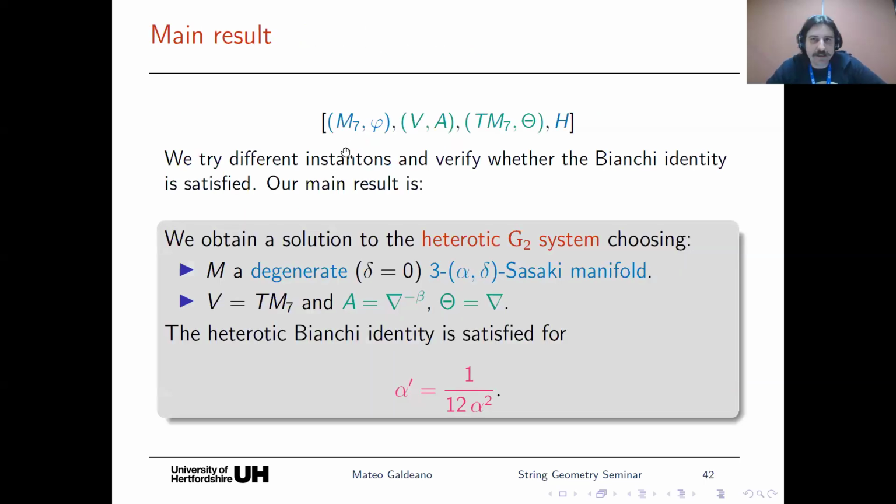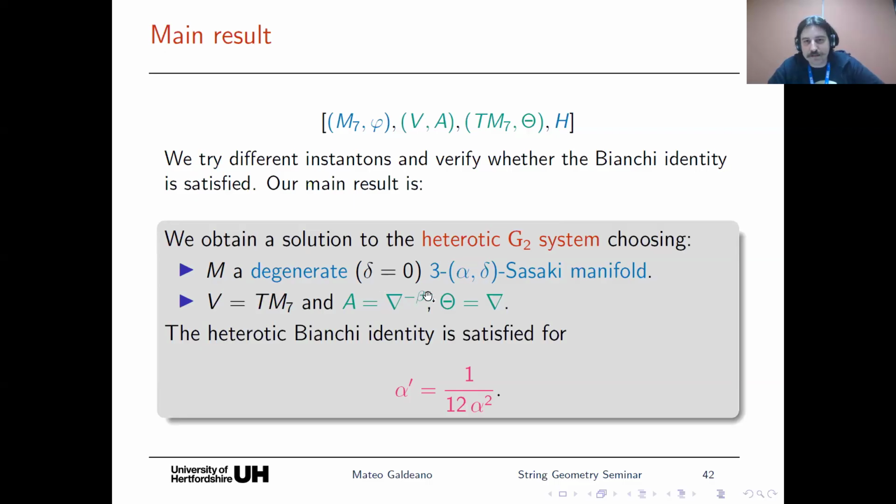So these are the main results I'm going to tell you about today: we tried different instantons and different configurations. And what we found is that you can actually solve the system in one case. You obtain a solution of the heterotic G2 system by choosing, and this is something that we didn't know what to expect, with these instantons that we're choosing, you only have a solution in the degenerate case, the delta equals 0 case.